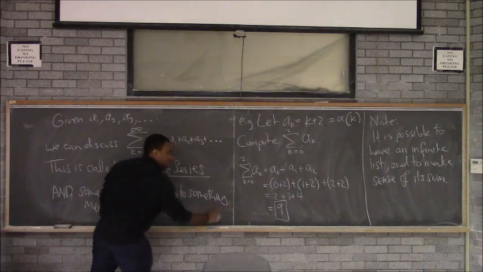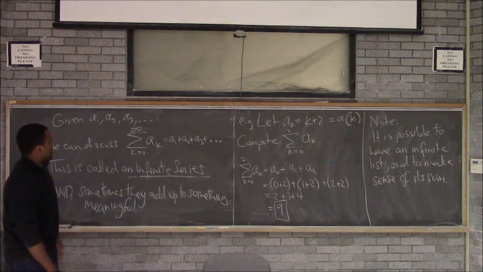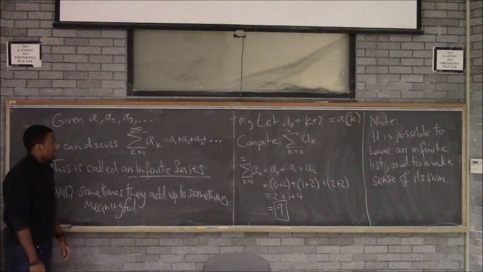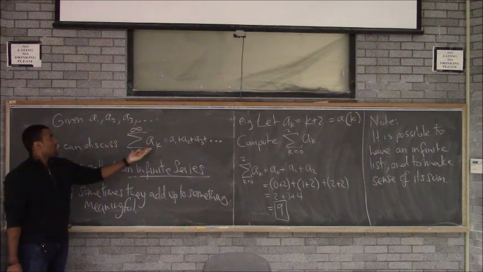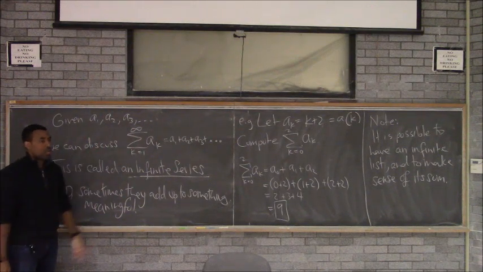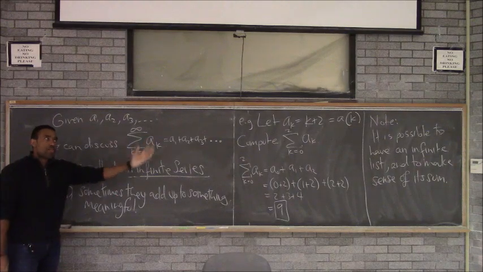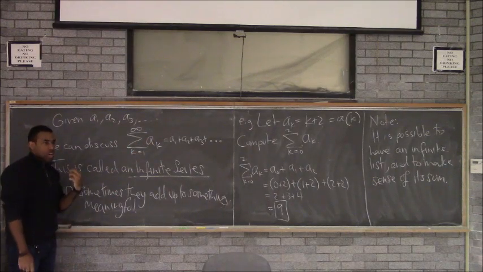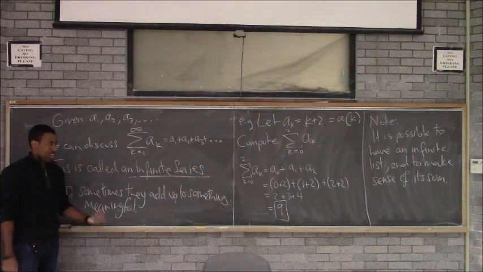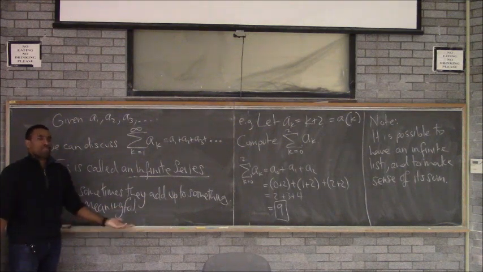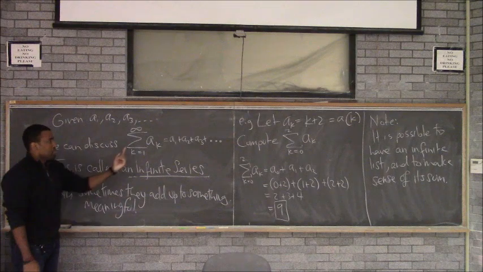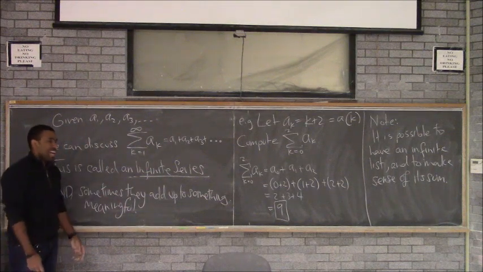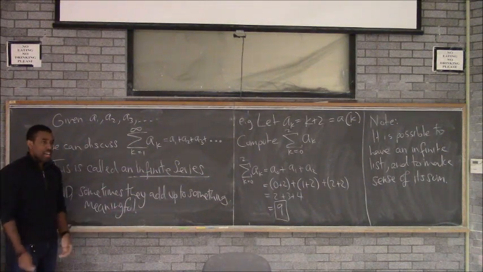Okay? Which might seem like a weird thing to actually occur, right? So basically, I'm saying that, yes, even in the case that all your a sub k's are positive real numbers, you can add up an infinite number of positive real numbers and somehow come out with a result. You can come out with like 5, or 2, or 1, or pi squared over 9. Like sometimes you can add up an infinite number of things and you can actually come up with a finite answer.